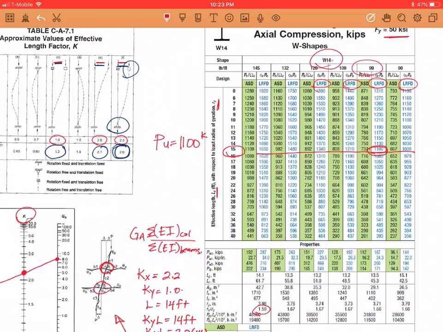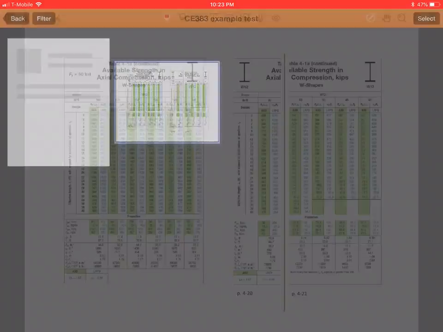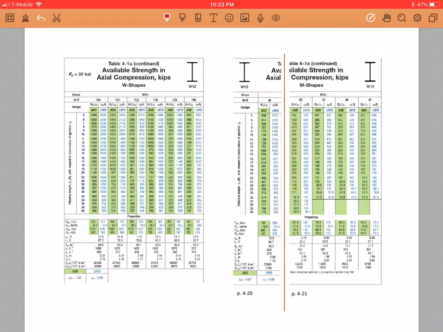So we might have something like that in our example, and then I might go to the next page and say, all right, but what if we want to find a similar column capacity but with a W12? Our architect has told us, please try to use a column with a smaller footprint in the building.